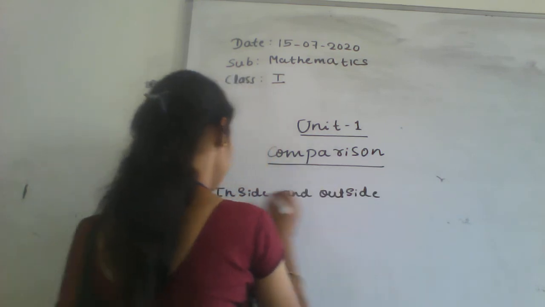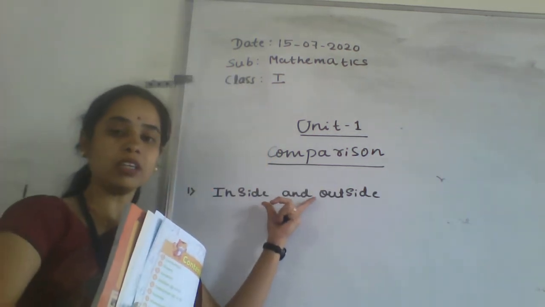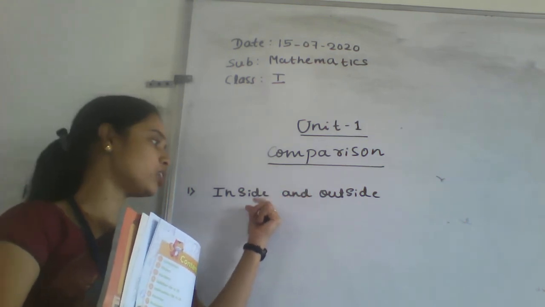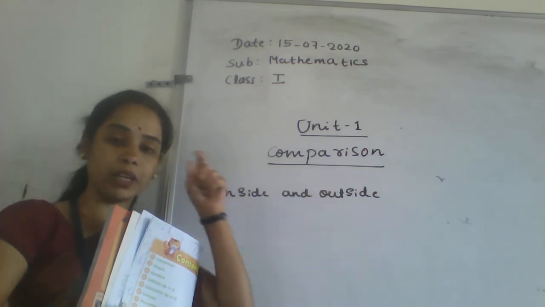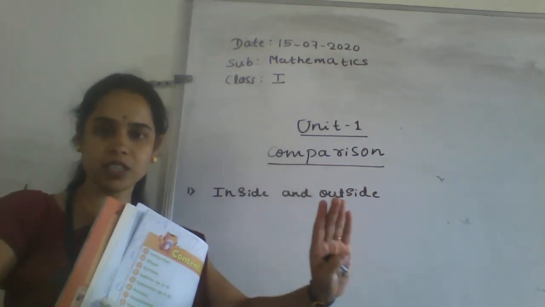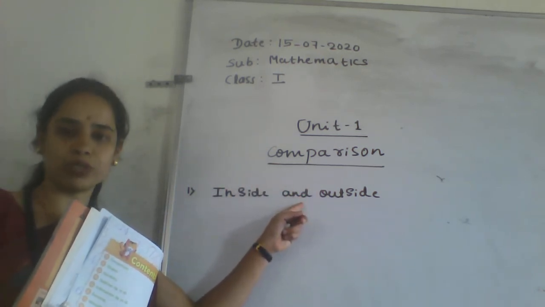These are the two words of comparing between things, right? I will show you these, inside and outside, and I will make you clear with the help of the board and some things, right? Inside and outside.